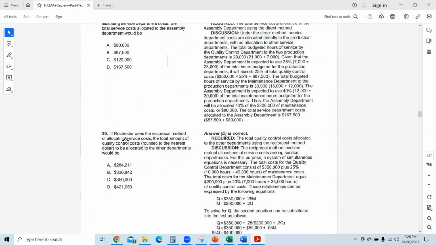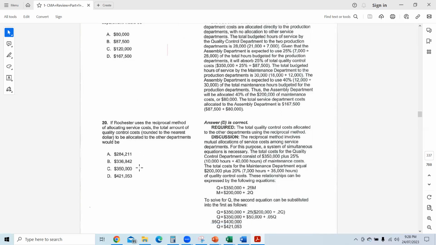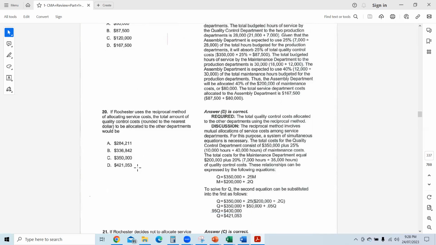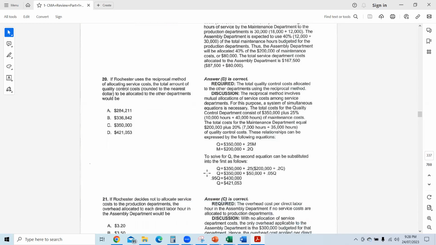So how much will be allocated to each department? We found out 421, right? 350 was its own cost, but we allocated 421. So the algebraic method will be using that, and a similar method is worked out.